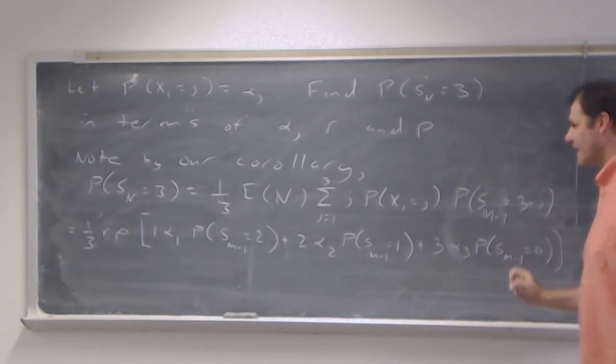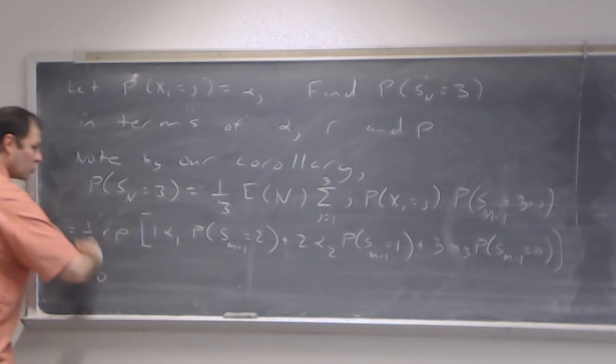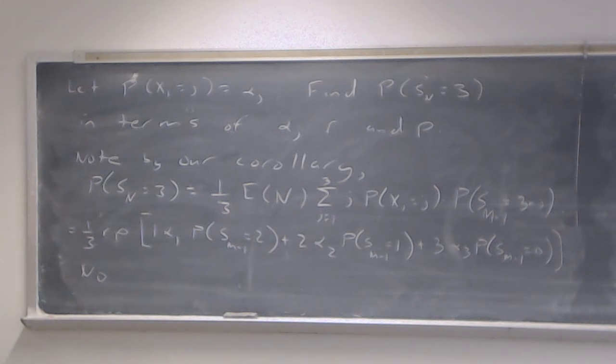Okay, this first guy is easy to compute. Note, this is the formula we'll come back to, okay? Let me make sure I didn't make a mistake. No, I didn't make a mistake.